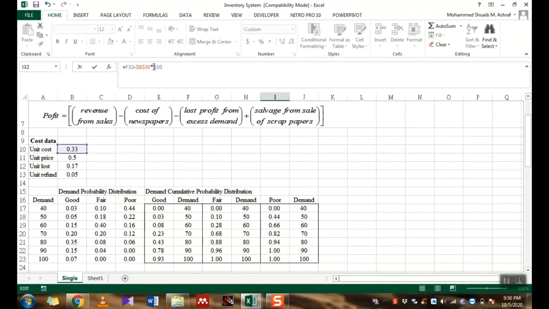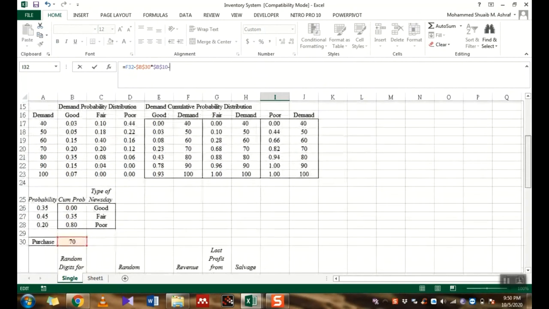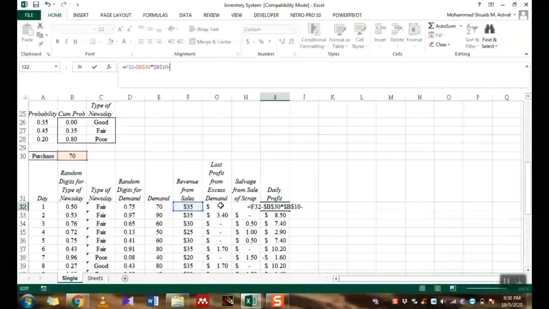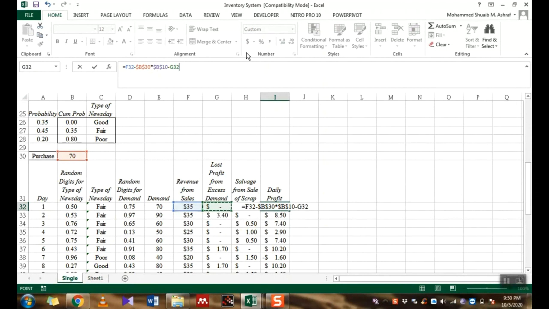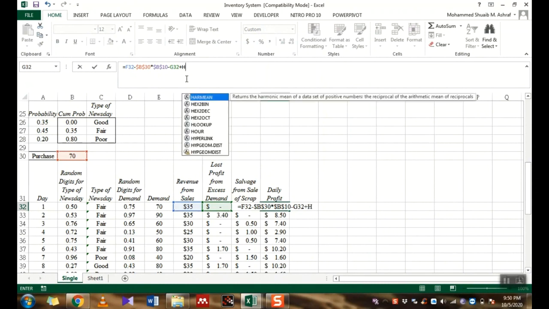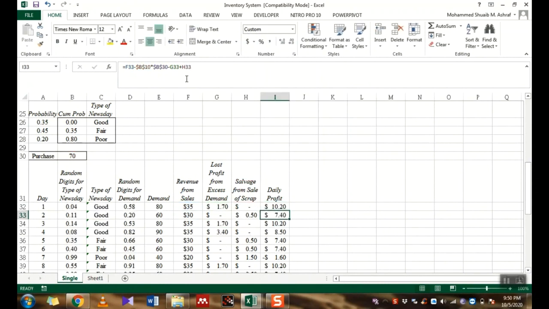The 70 newspapers will be purchased at the cost of 33 cents, minus lost profit from excess demand, plus salvage from the sale of scrap, S32. This is the formula to calculate profit.